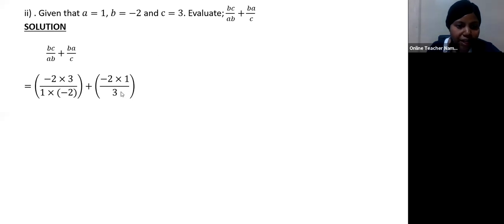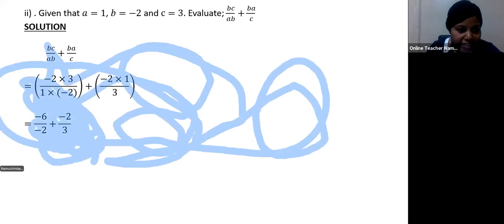And then we'll simplify. -2 times 3 will give us a -6. 1 times -2 will give us a -2. -2 times 1 will give us a -2. It will look like that. Then when you're dividing negatives, negative divided by negative will give us a +3.